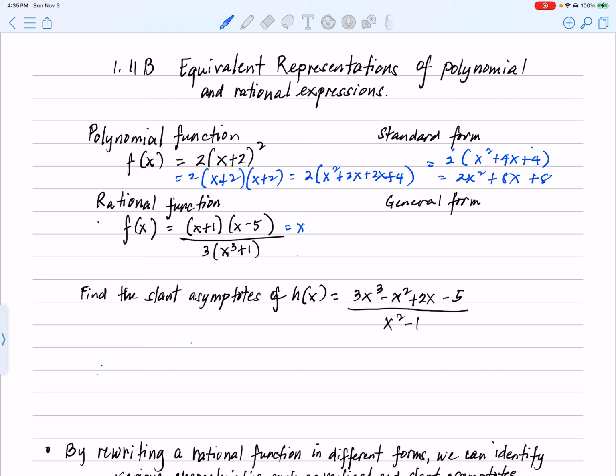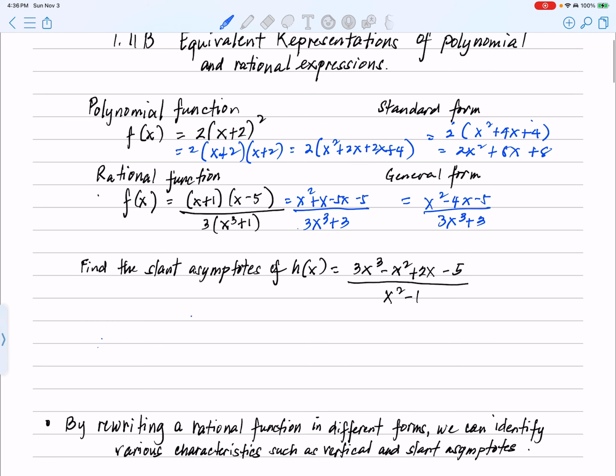That would be x squared plus x minus 5x minus 5. And the denominator would be 3x cubed plus 3. So simplifying, that would be x squared minus 4x minus 5 over 3x cubed plus 3.